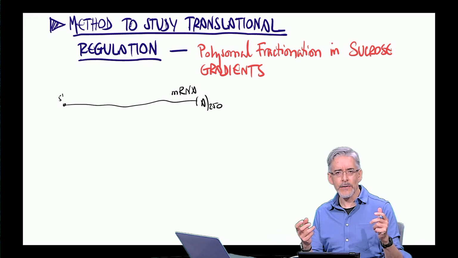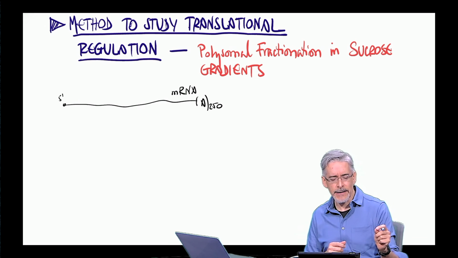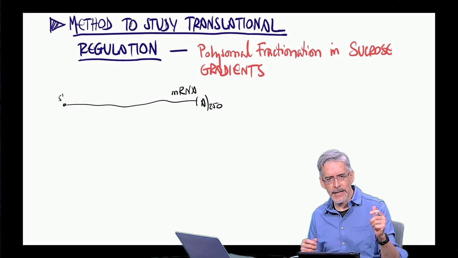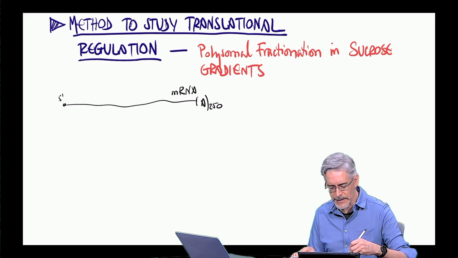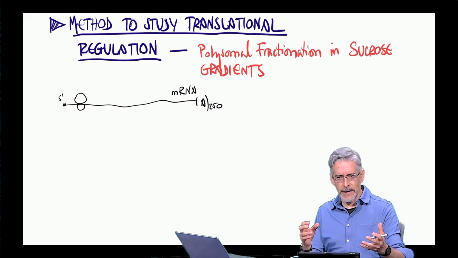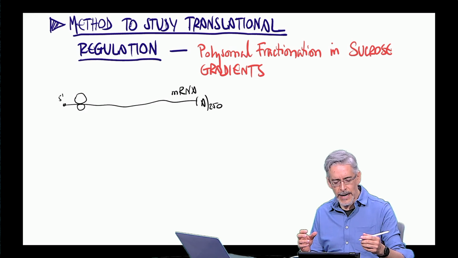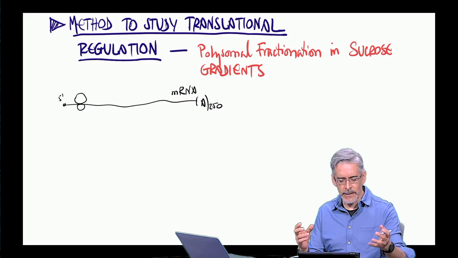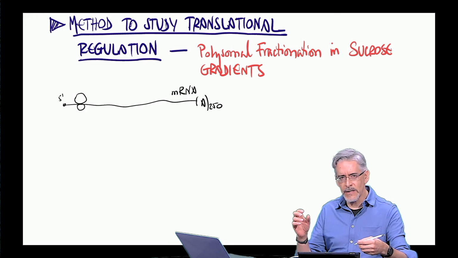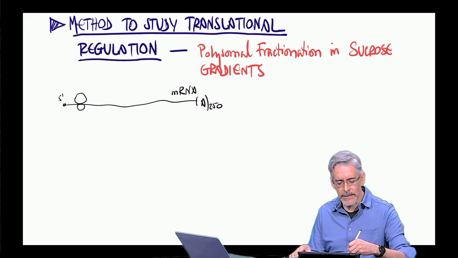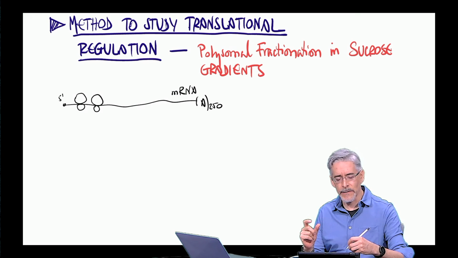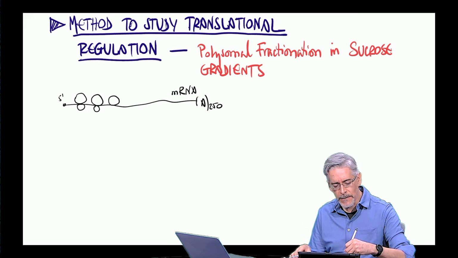Well, in order to answer that, one key idea is that translation requires the association of the messenger RNA with ribosomes. So a messenger RNA that is being translated will have ribosomes associated to it. And the efficiency of the process of translation will depend to some degree on how many ribosomes are associated to that particular messenger RNA molecule.